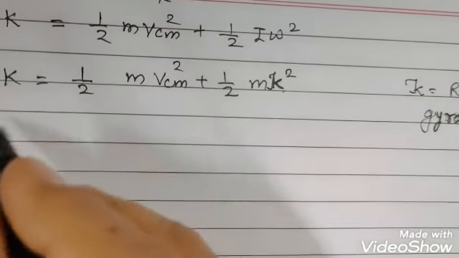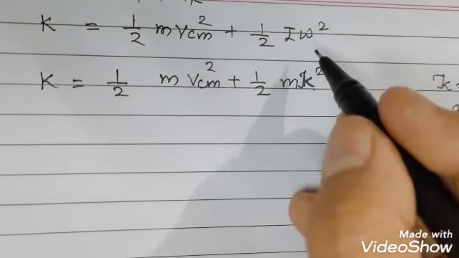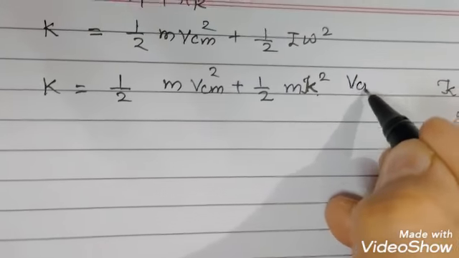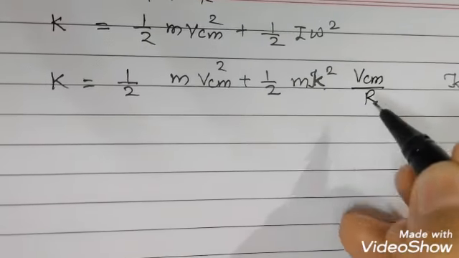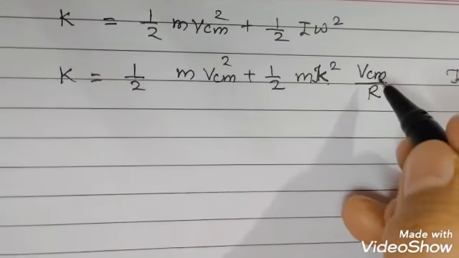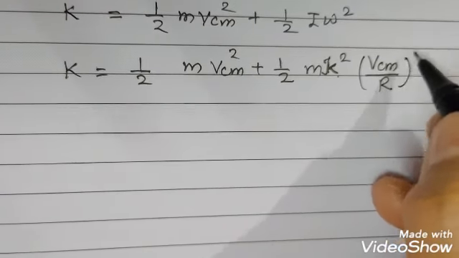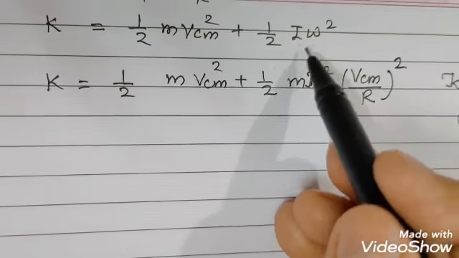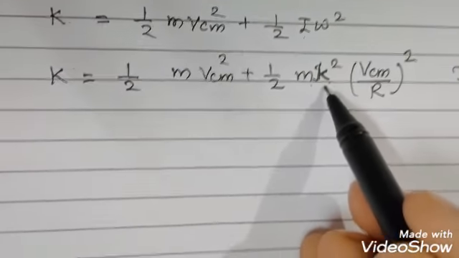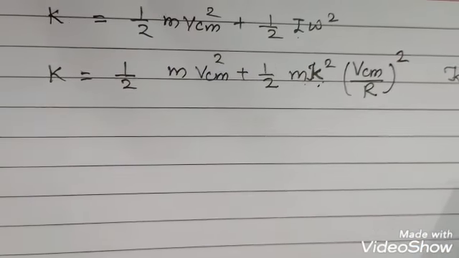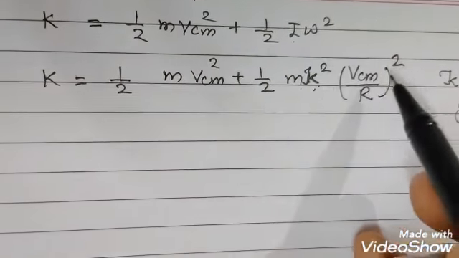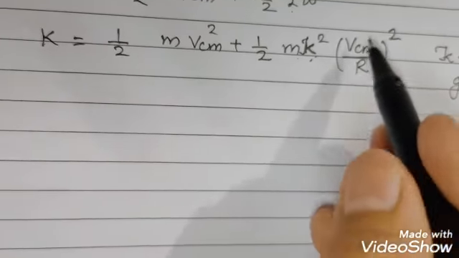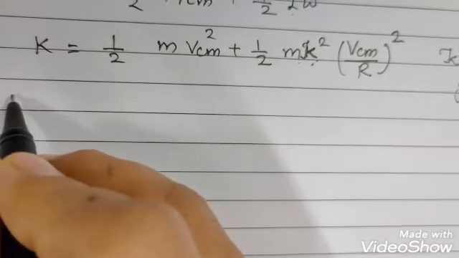Okay. Now this is omega. Here you will see that the omega is given as VCM upon R, and the square of this we will take. So here in this equation we have replaced I with m k square, where k is the radius of gyration, and the omega is replaced with VCM upon R. Okay, so we have taken the square of this. Now the kinetic energy.